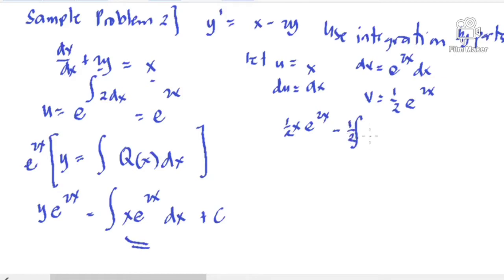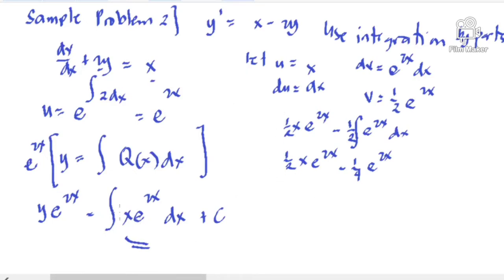Actually, kaya-kaya nyo nang matain yan dapat sa solution ninyo. And then e to the 2x pagkatapos du dx. So, finally, ano yung magiging sagot? So, we have 1/2 x e to the 2x minus, ano integral nito? 1/4. So, 1/4 e to the 2x. Okay, plus c.